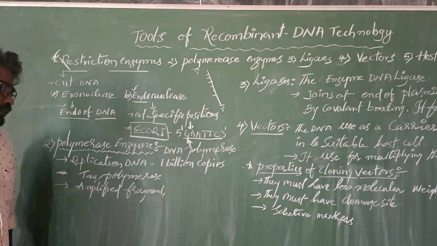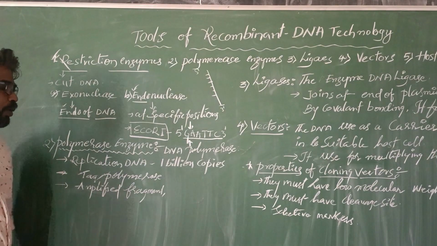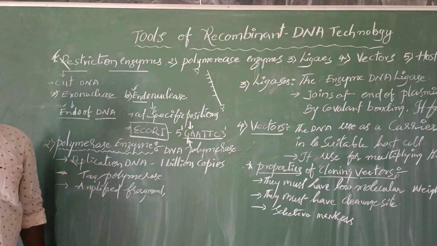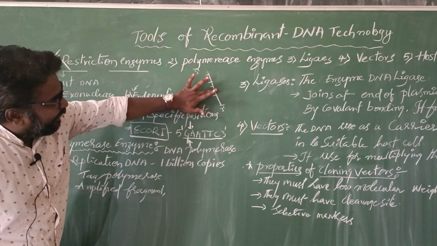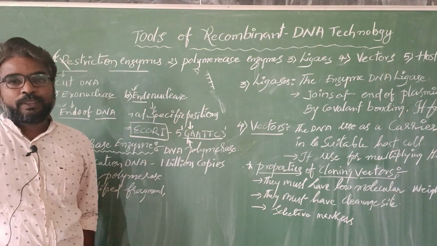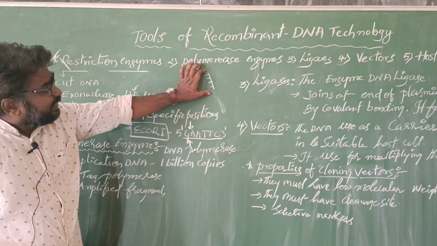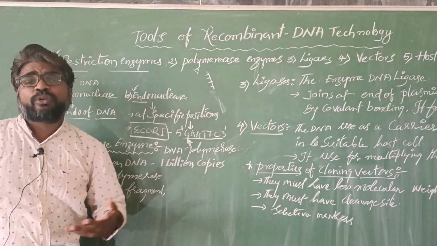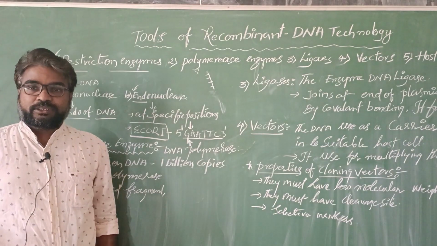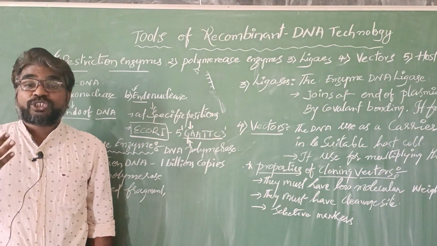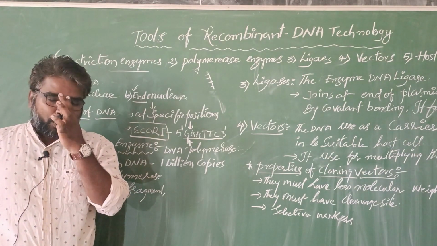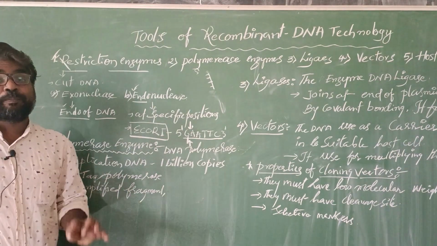The second one: we cut a wanted DNA. Up to here we have one DNA segment, and with only one segment we cannot do anything. We require a number of copies, Xerox copies. For that, we use the polymerase chain reaction, PCR.